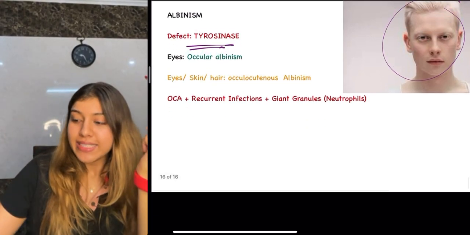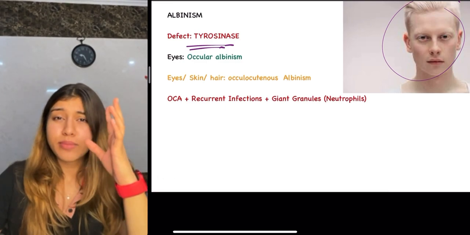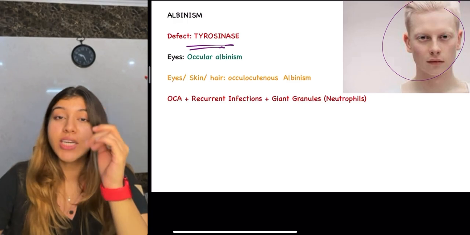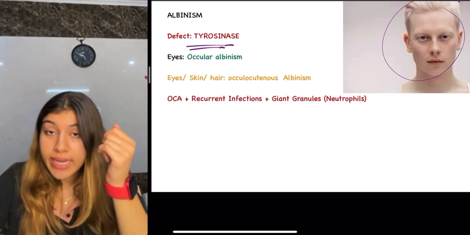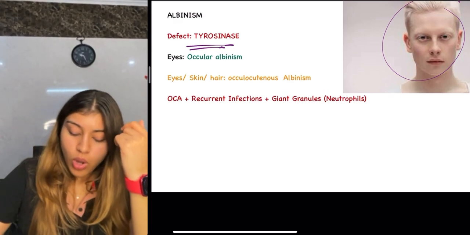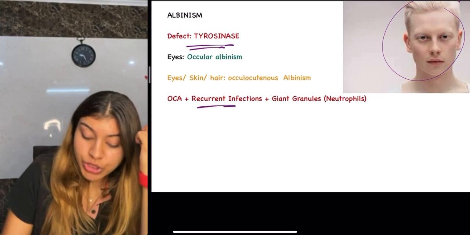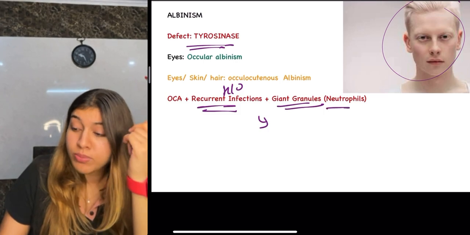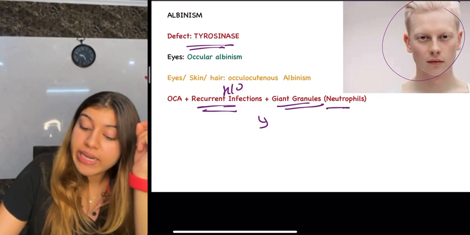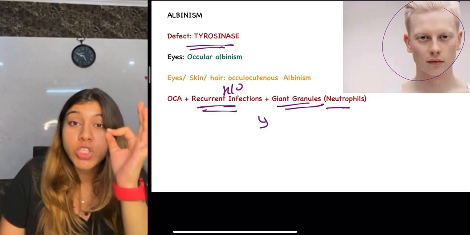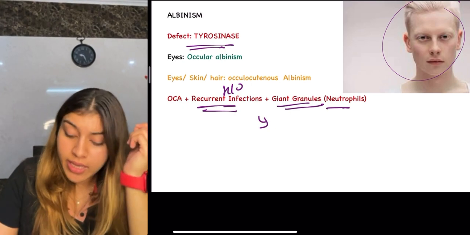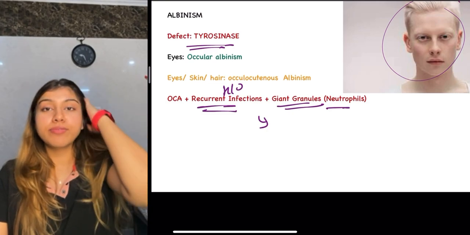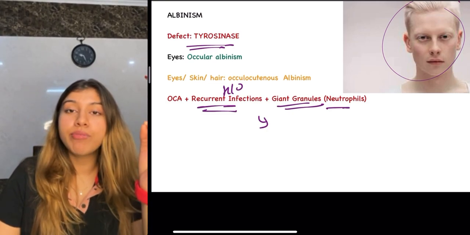Okay, now guys, there is this triad that you need to know, where in your question they're going to mention that there's a young child who comes with oculocutaneous albinism, has a history of recurrent infections, and has giant granules. Okay, that is in your neutrophils, guys. Very, very important. This is your Chediak-Higashi syndrome. Okay, this is your Chediak-Higashi syndrome, and this will have a defect in your LYST gene. You will have a defect in your LYST gene.